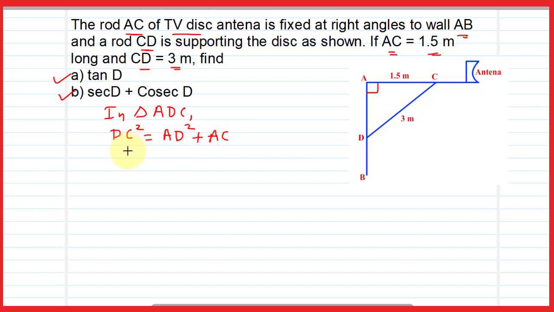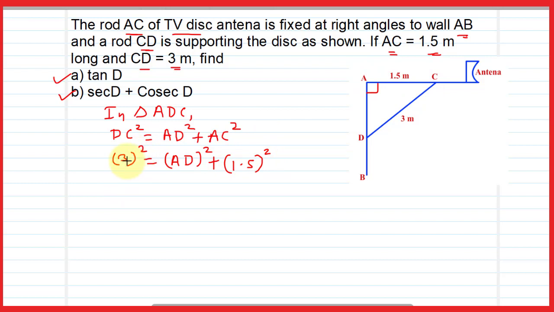So here put the values, that DC square is 3 square, which is equal to AD square that we have to find, plus AC square, that is 1.5 square.